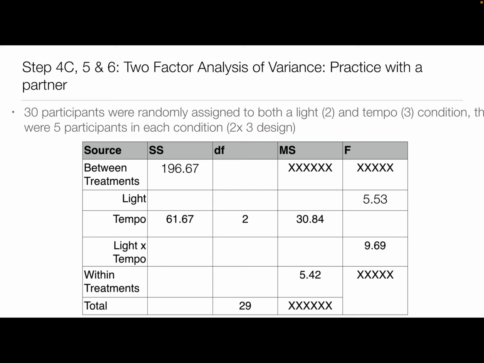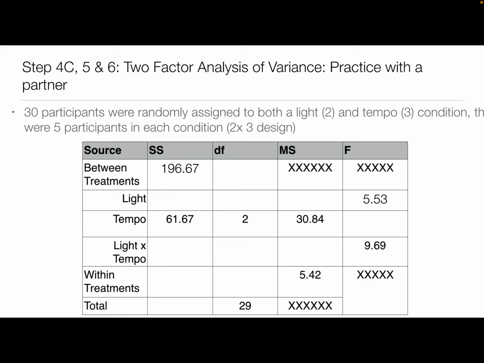One of the reasons that I like this kind of problem is because it allows you to answer the questions pretty quickly, and you can still show me that you understand the relationship between these formulas and how sums of squared and degrees of freedom influence mean squared, and how the mean squareds work together for the F ratio, etc. So this is a little bit easier, a little bit quicker way to do it.